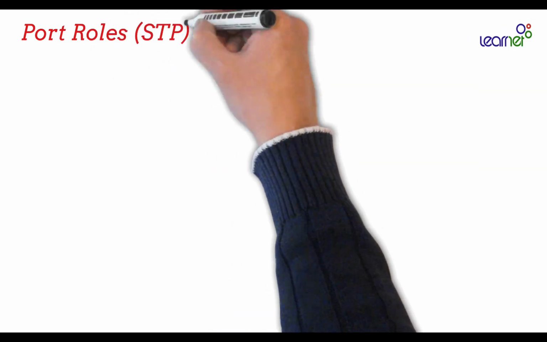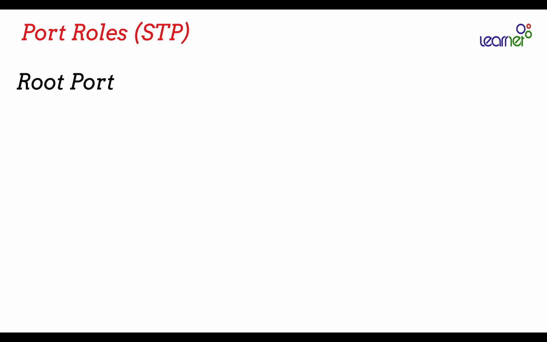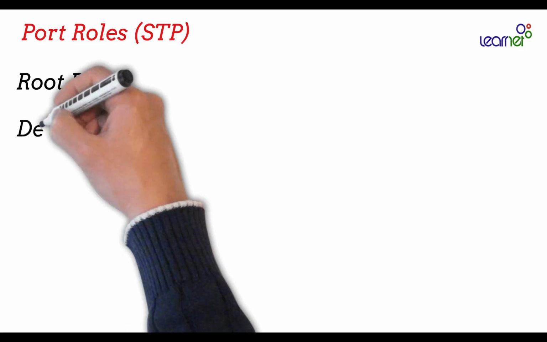For STP, there are 4 port roles. First, root port. This is the port on a non-root switch that is chosen to reach the root bridge, and it is always in forwarding state. Next is the designated port.